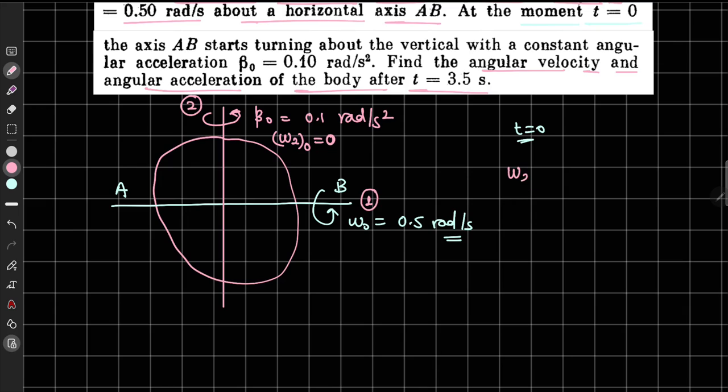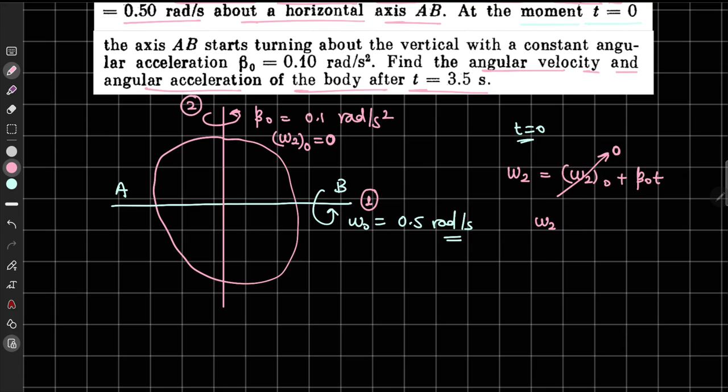So we can write omega 2, the angular velocity at the time instant t about this axis, is equal to omega 2 naught plus beta naught into t, and this is 0 because it is starting from zero angular velocity.